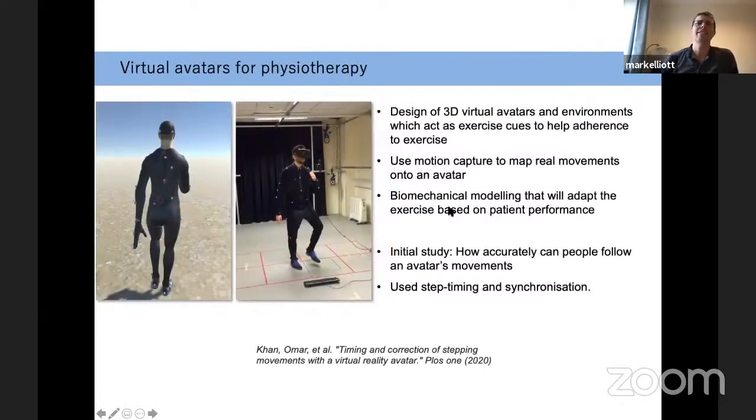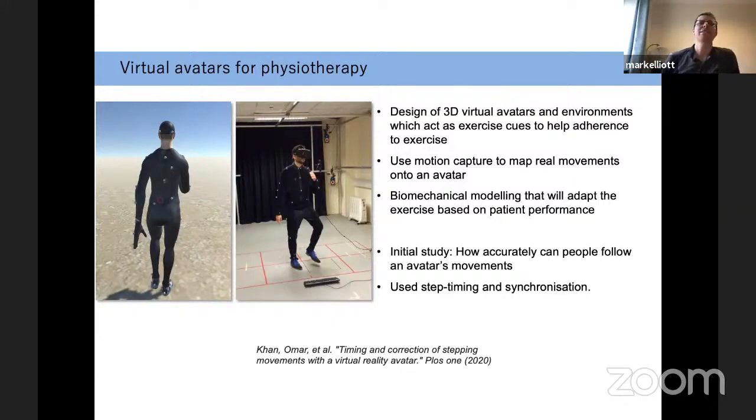So finally, just to bring us bang up to date, I'm now working in the area of digital healthcare, and one of the things we're looking at now is how we can help people with their physiotherapy outside of the clinic and in the home, and looking at whether we can use virtual reality avatars to help guide the exercises that they do.